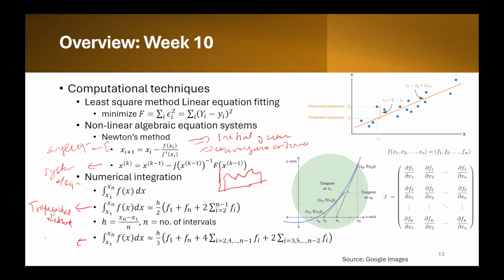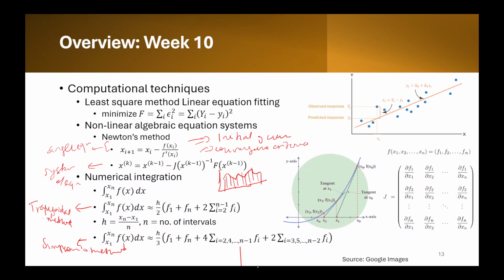And this is for Simpson's method. So there may be a number of intervals that you need. There may be data points at that. It approximates these sections into trapezoids, and then whatever the area of each trapezoid is, it adds that and gives you the total area under the curve.